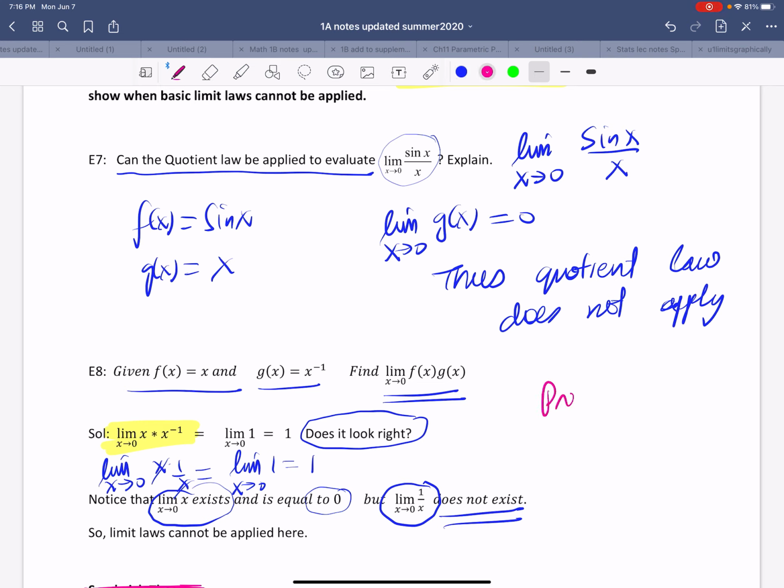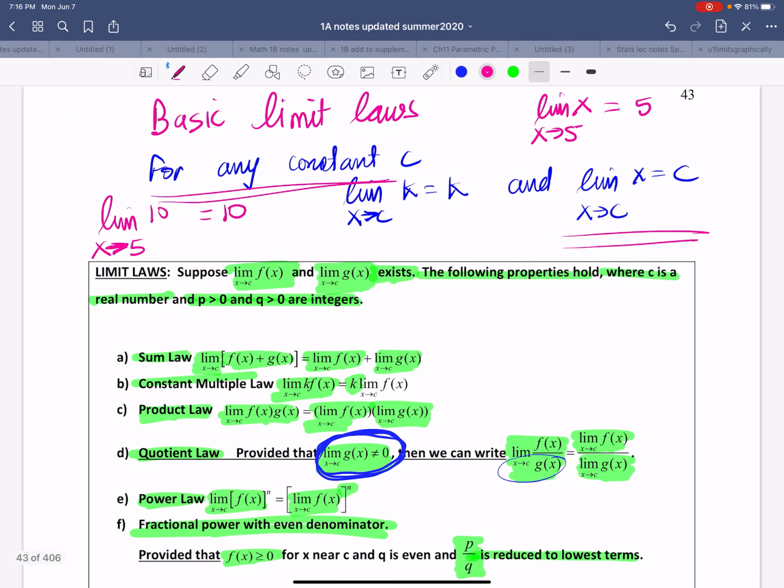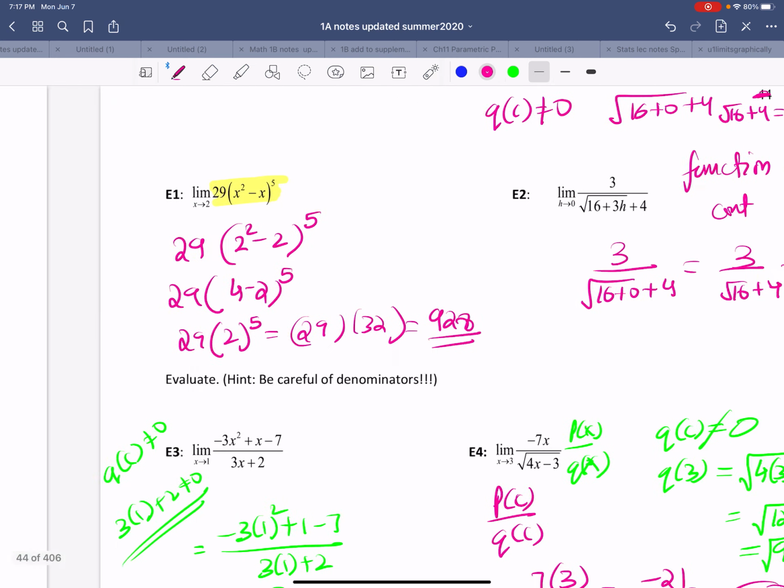So the product law only applies if both individual limits exist. That's what we started with. If individual limits do not exist, then the product law cannot be used.